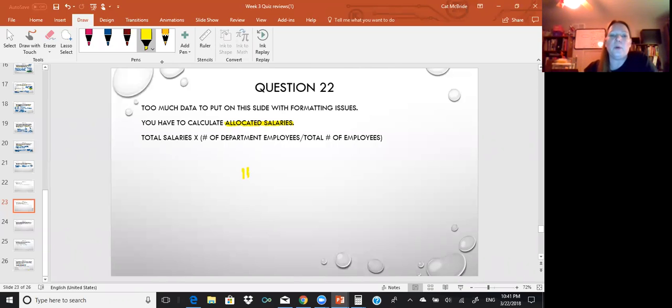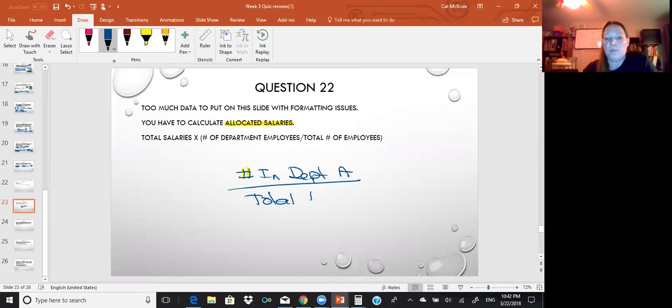Because if you take the number in, for instance, Department A divided by the total number, you end up with the percent that goes to A, right? So we're going to take our total salaries and multiply that by whatever department we're looking at divided by the total number of employees. And that'll give us the percent times the salaries for that particular department.